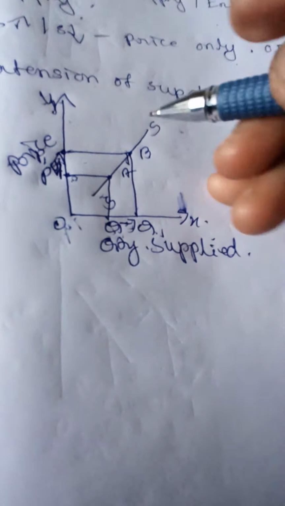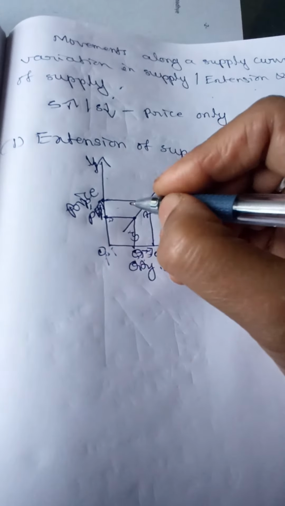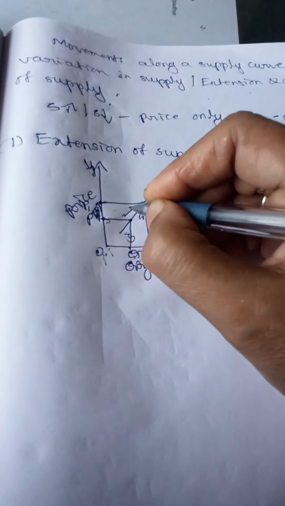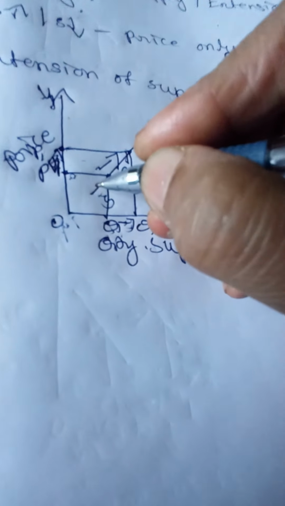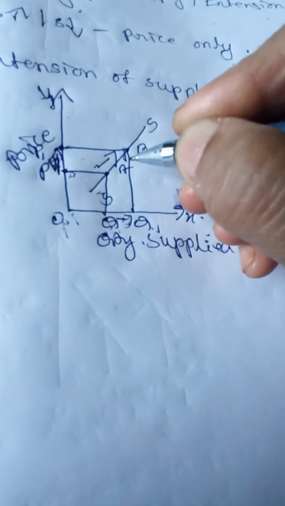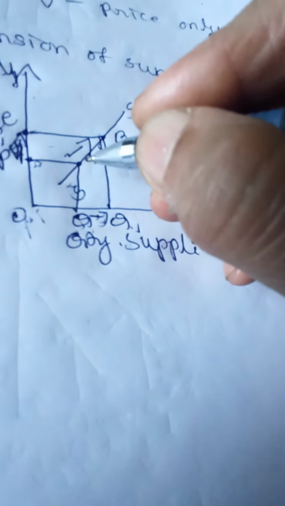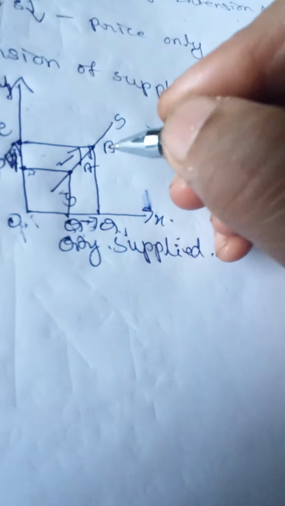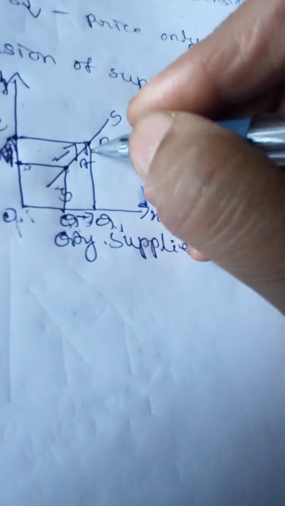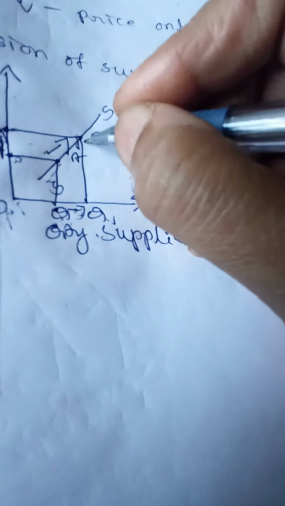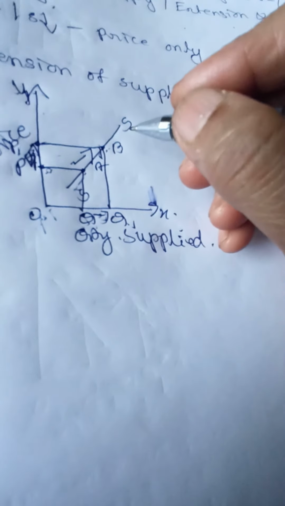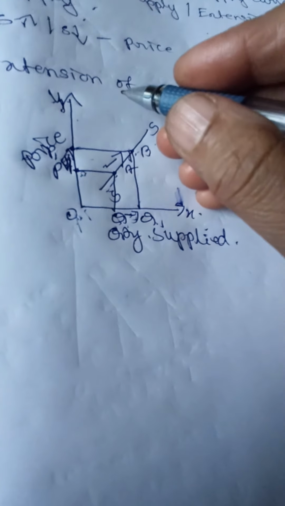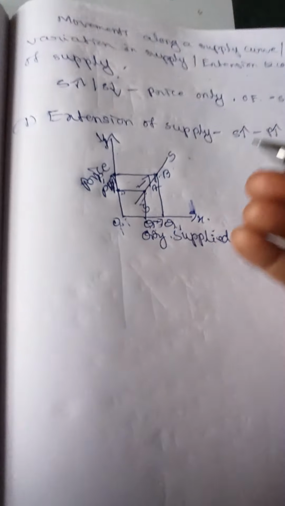So there is an upward movement from point A to B, an upward movement on the same supply curve. This is A and this is B, from point A to B on the same supply curve. This is called extension of supply.